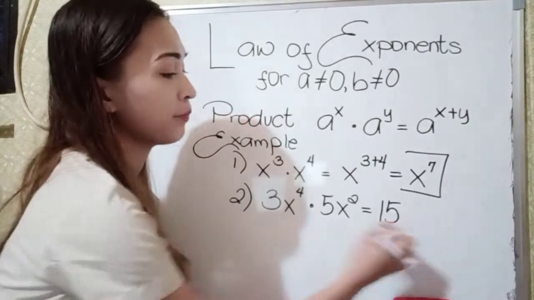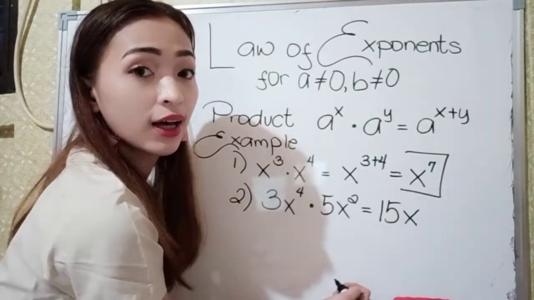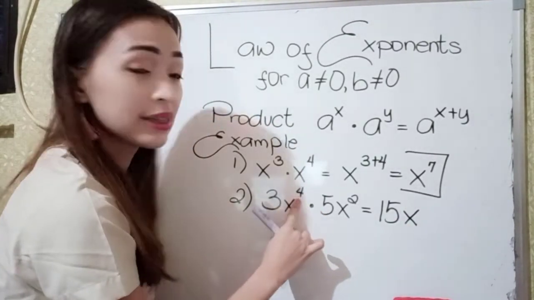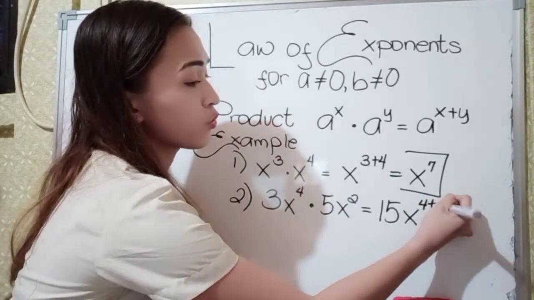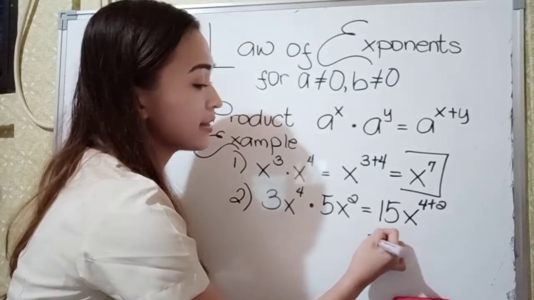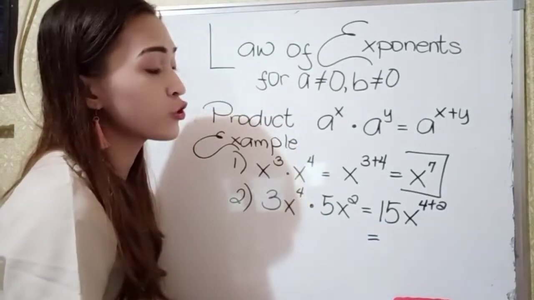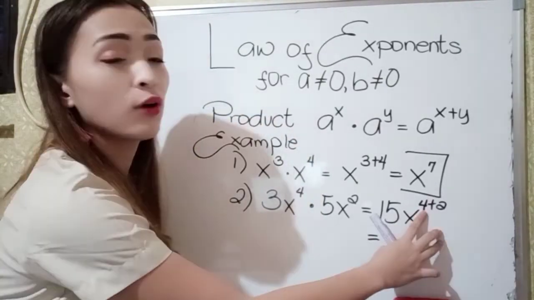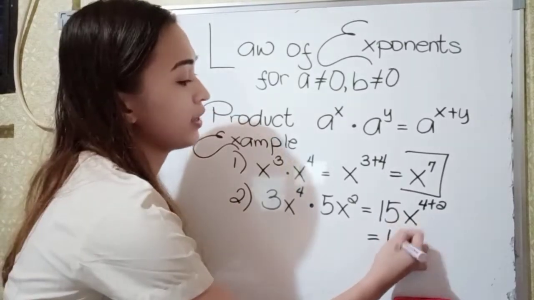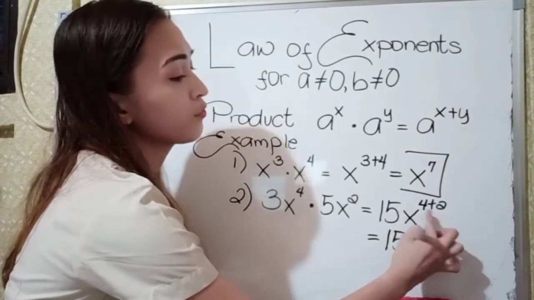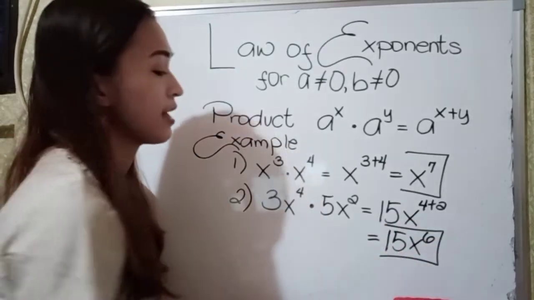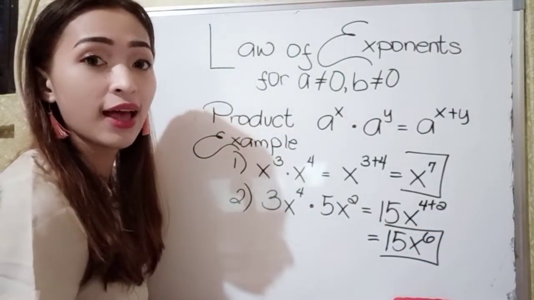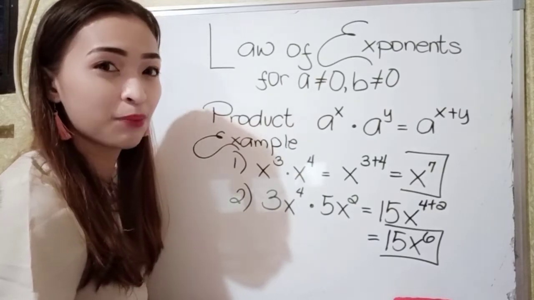And just copy the base x, and then add the exponents, so 4 plus 2. This is not the final answer because we still need to get the sum of 4 plus 2, which is equal to 6. So our answer in number 2 is 15x raised to the 6th power.